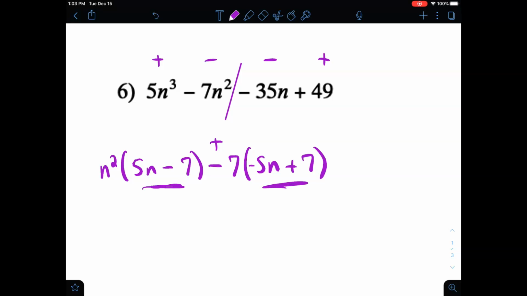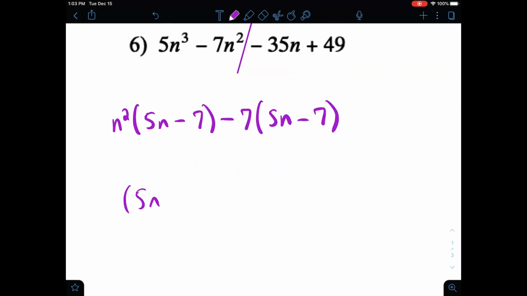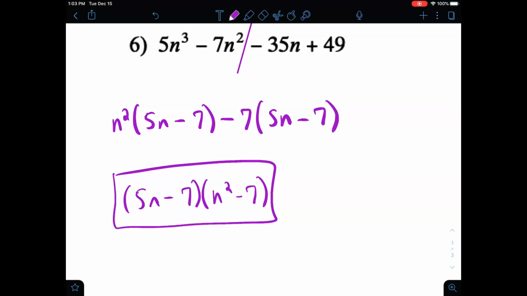If you're doing grouping correctly, these should both match exactly, okay? So that's a workaround when you're solving this. If the signs don't match, you pull out a negative, and that fixes it for you. So we pull out the GCF, which is the 5n minus 7, times n squared minus 7, and there's our final answer.